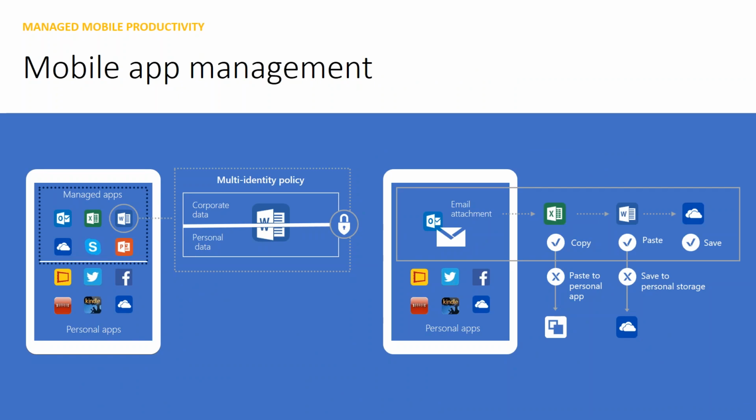And once I do get that user onto the environment, I can then say, actually, we're going to ring fence the applications that are going to be used for the company. So yes, you can have Word, but you can have it for personal and for corporate, and the corporate side of things we're going to keep over here. So now, if you're going to use email, you can only have email on the Microsoft Outlook app. You can't have it on the email client. So if you leave the organization, I can wipe all the data from that device at the same time.